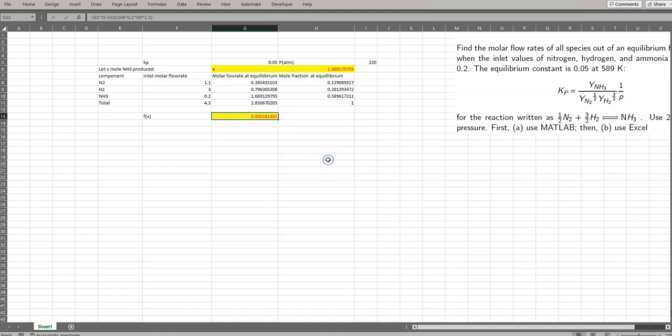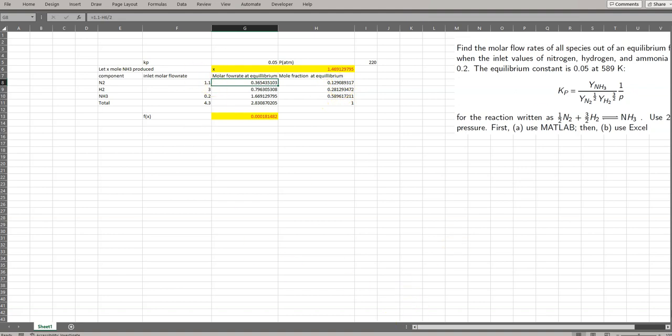After doing that, we will see the molar flow rate at equilibrium. Nitrogen is 0.3654, hydrogen is 0.7963, and ammonia is 1.6691. The mole fractions are 0.1291, 0.2813 and 0.5896.